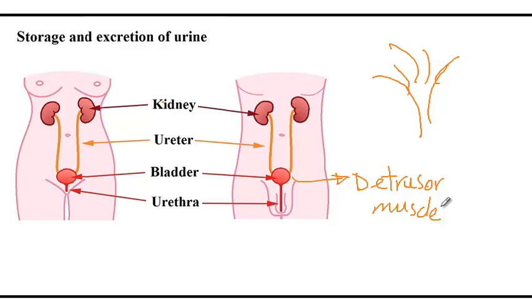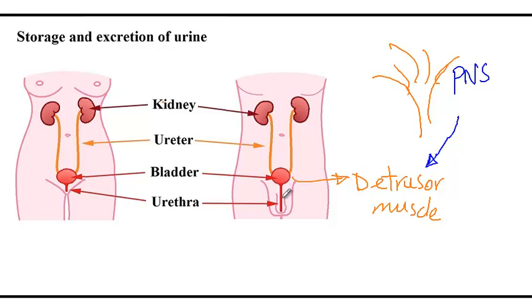But once urine starts to build up, these folds will disappear and the bladder will expand. Once the volume of the bladder keeps on increasing, that's the time that the parasympathetic nervous system will act on the detrusor muscle in order to help it contract. So it induces contraction of the detrusor muscle, and that's the time that we feel, oh, we need to go to the bathroom, like I've got too much urine in my bladder.